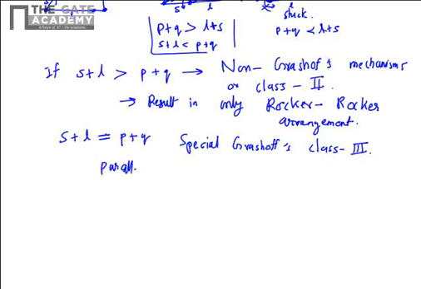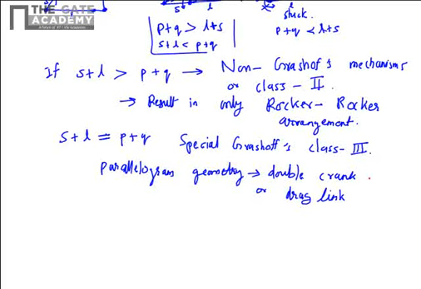You get a parallelogram geometry. I'll be sketching all these mechanisms in detail, and you get a double crank or drag link mechanism. I'll be drawing sketches and explaining all these mechanisms in detail later.